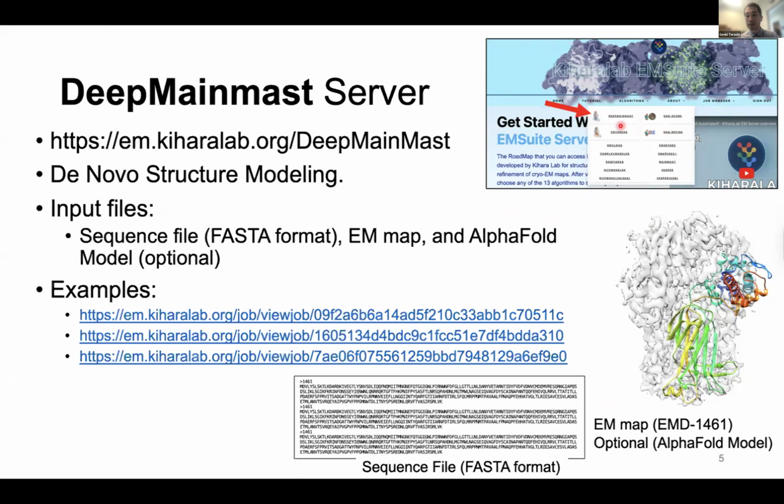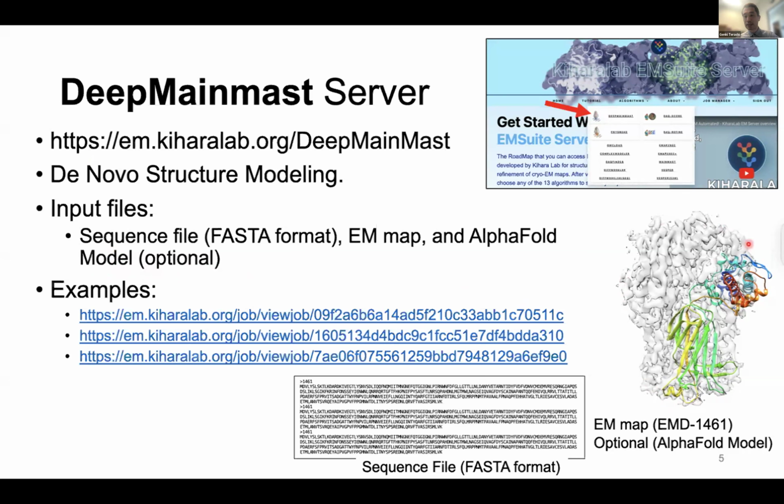In the top left, there is a DeepMainMast link, and just click here. Then you can go to the job submission page. The input files are a sequence file in FASTA format and an EM map. Then, as I said, if you have structure information, AlphaFold models or other predicted models, you can input that data.